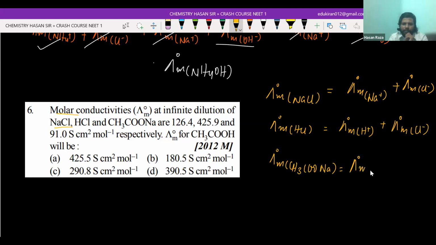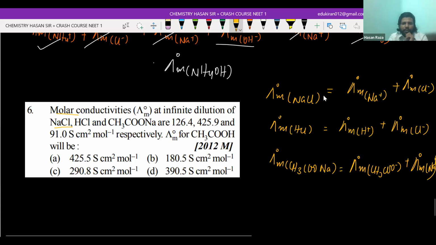That will be equal to lambda naught m CH3COO negative plus lambda naught m Na plus. Now you need to calculate the value of CH3COOH, which is quite similar to the previous one. For CH3COOH, you just need lambda naught m CH3COO negative plus lambda naught m H plus.